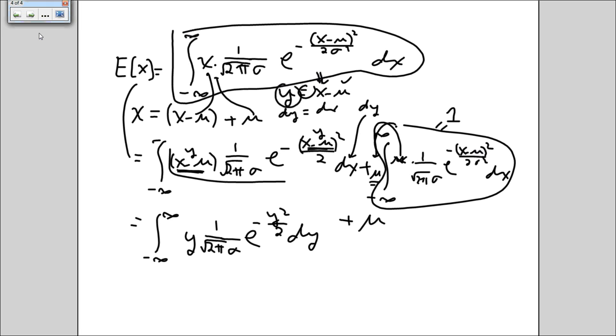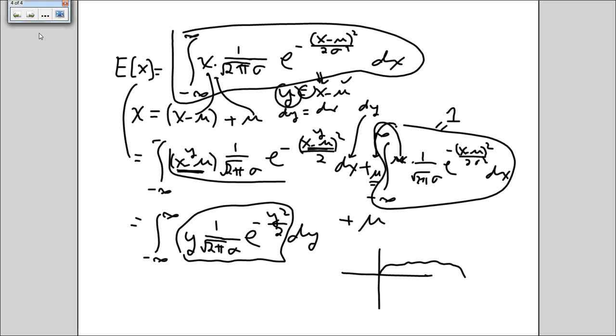Now, this here is an odd function. Odd functions tend to look like this. Whatever you have to the right of x equals 0, say it's that. What you're going to have to the left of 0 will be the mirror image, but it'll be down here.